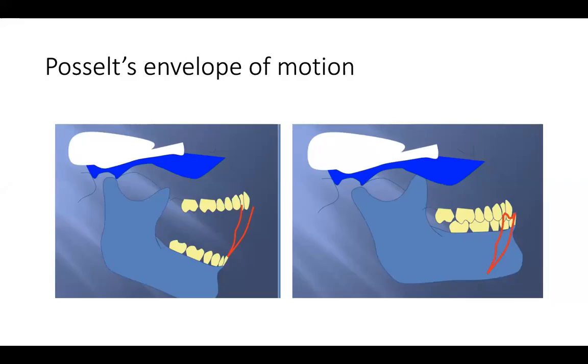I'll show you in this picture as well, but we need to understand that during the movement of the mandible, the articular eminence has a great influence in directing the movement and the extent of the movement, right? So that is why we have to take care of it, especially when we are creating some form of prosthesis for the patient.